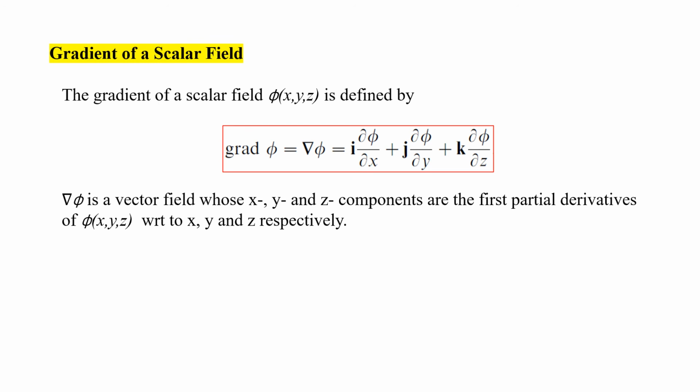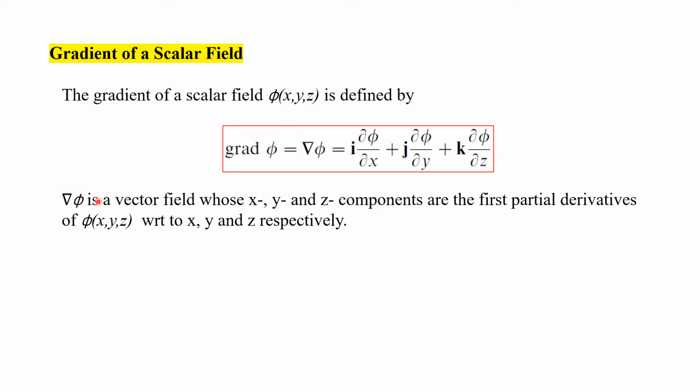Let's talk about the first application of your del operator, which is on the gradient of a scalar field. The gradient of a scalar field represented by phi(x, y, z) is defined as grad phi, which is equal to del phi, and is equal to i partial phi over partial x plus j partial phi over partial y plus k partial phi over partial z. Here, as you can see, your scalar field phi becomes a vector field.